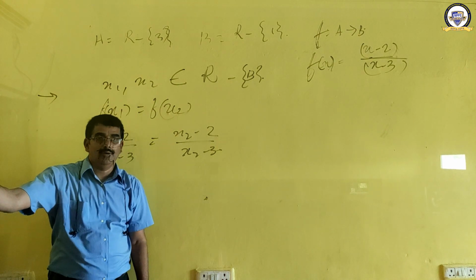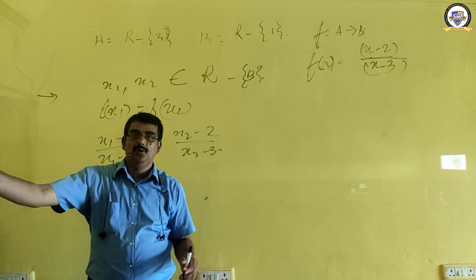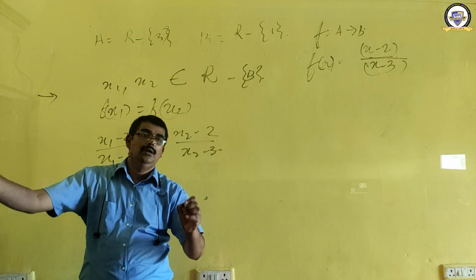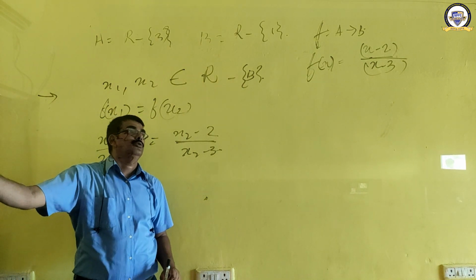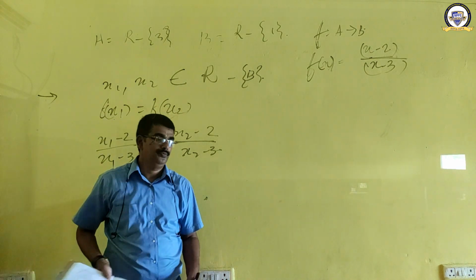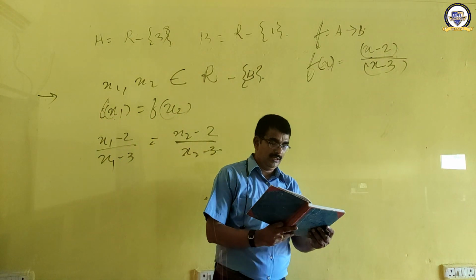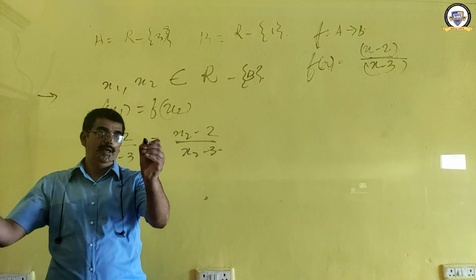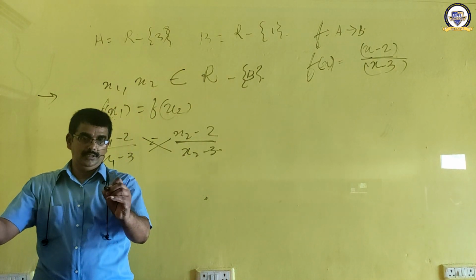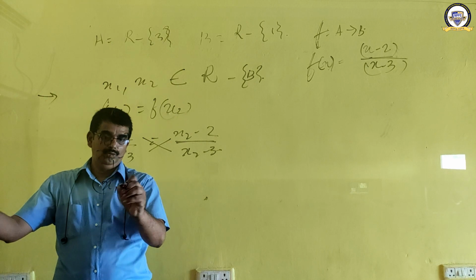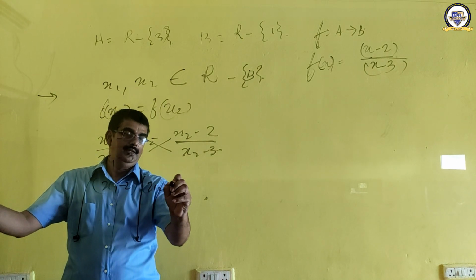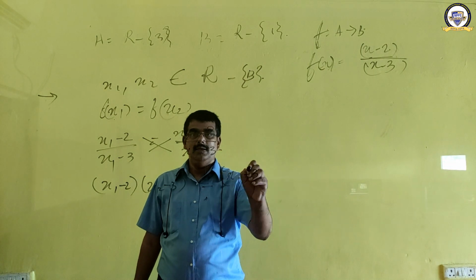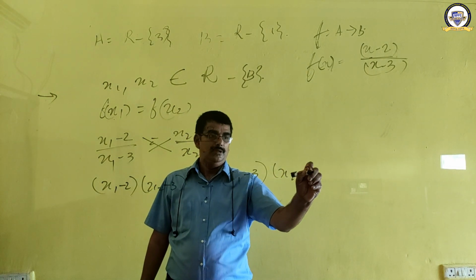In this way we write it. Now we are going to do the cross multiplication: x1 minus 2 into x2 minus 3 equal to x1 minus 3 into x2 minus 2.